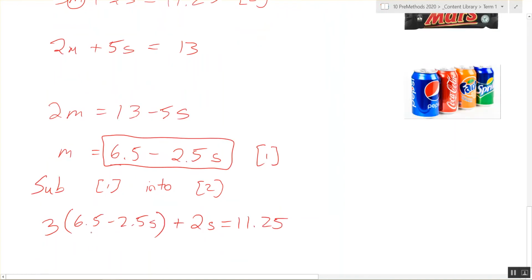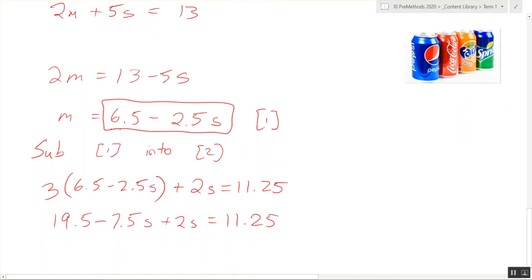3 times 6.5. Now we're getting a bit tricky. A bit easier. 3 times 2.5. Take a guess. All right, now I've got to collect like terms. So -7.5 plus 2s. What does that become? 5s.